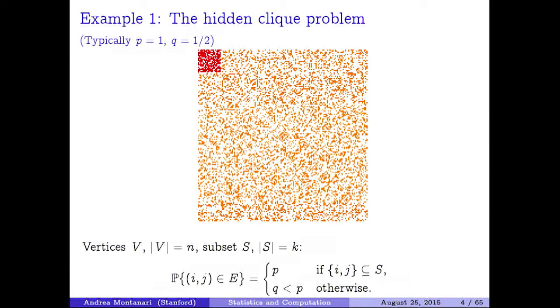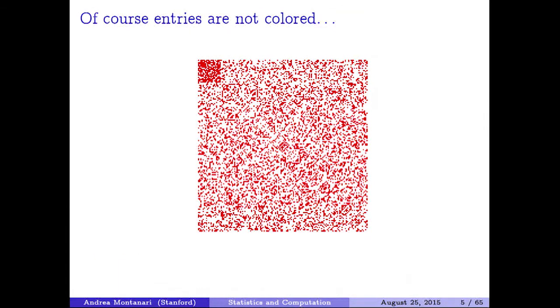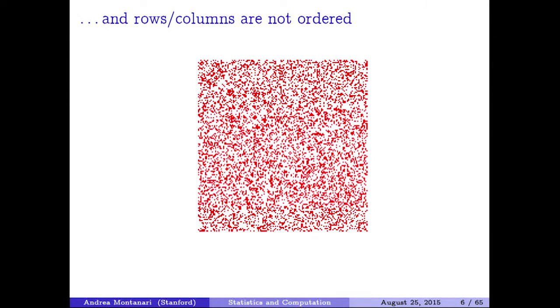So edges are conditionally independent given the unknown set S, with these edge probabilities. Okay, and of course, the problem is to identify the set S, but okay, how many of you can see the set S in this case? I can see it. Yeah, in reality, the entries are not colored and they are not ordered.